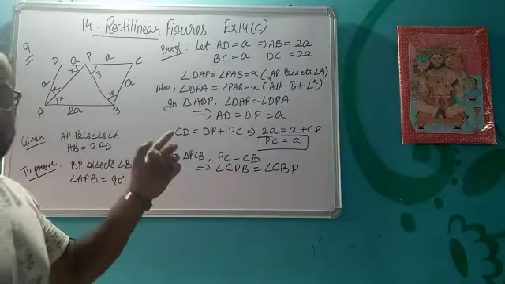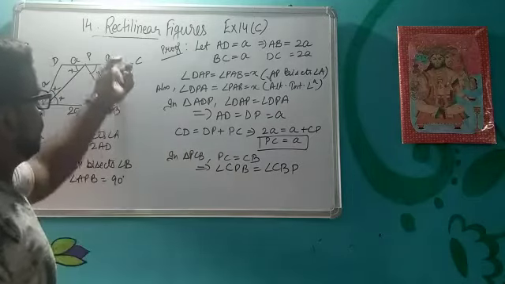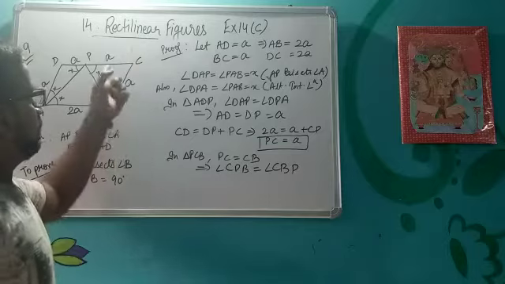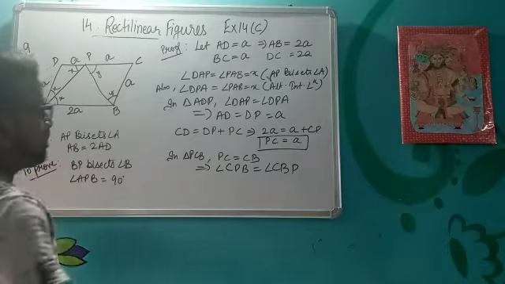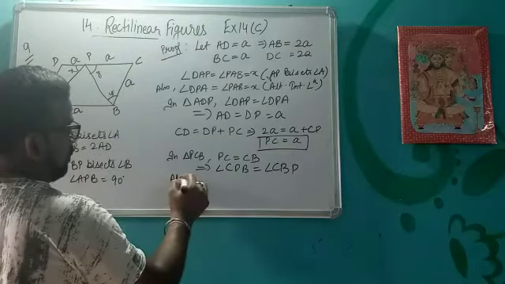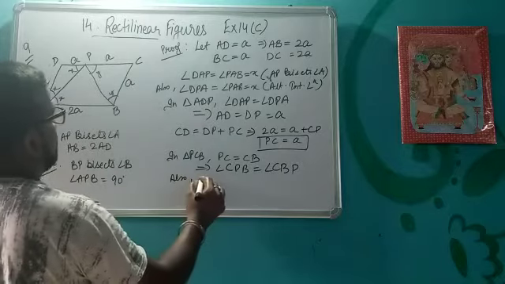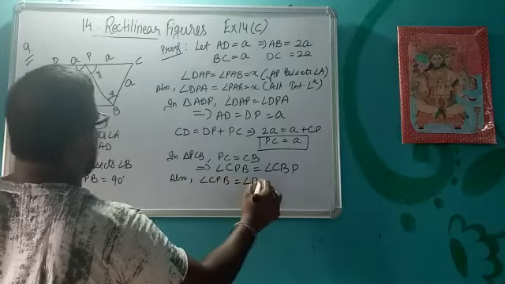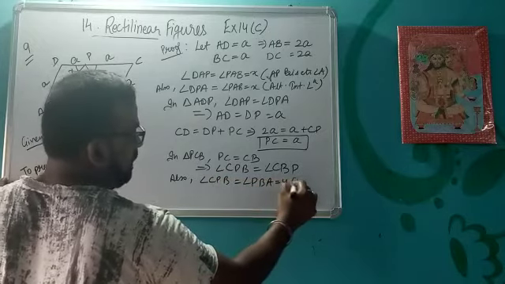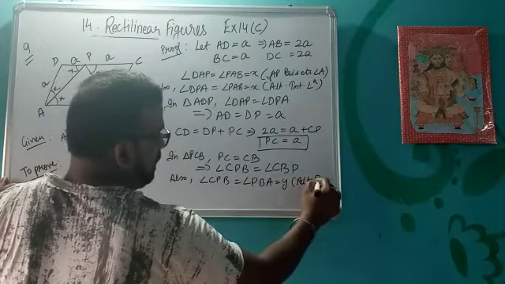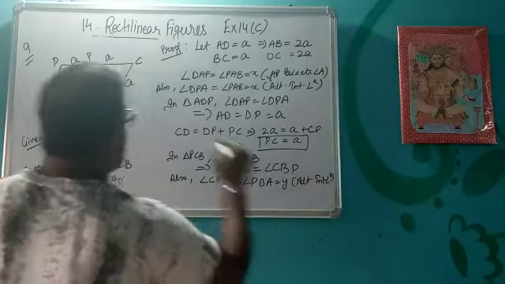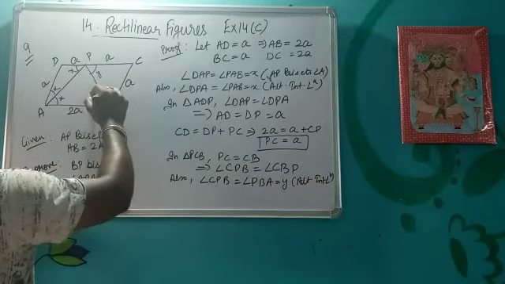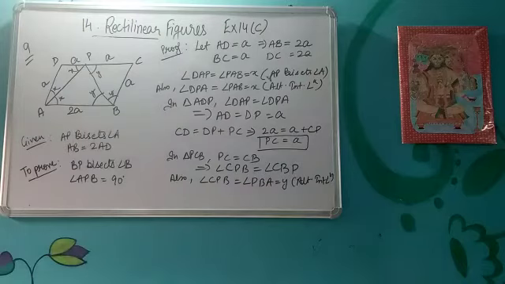So again we have used the property of isosceles triangle. If opposite sides are equal, then opposite angles are also equal. Also, this is Y. So we can say that angle CPB is equal to angle PBA equal to Y, by alternate interior angle.